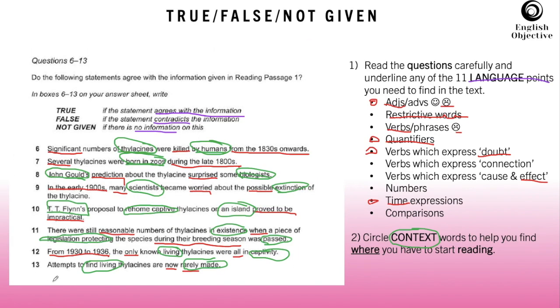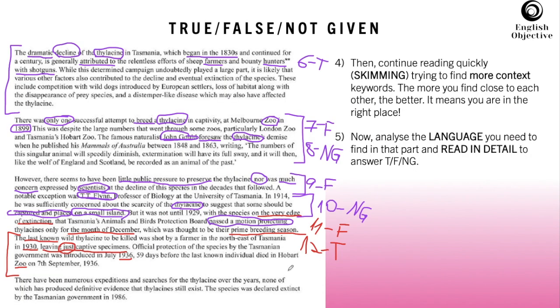Finally, we have question 13. So once again, find living thylacines and now rarely made. Okay, the attempts to find these animals are now rarely made. I need a time expression, more specifically about frequency. As we can see, this is the last paragraph of the text, and this is my last question. So I would assume that question 13 should be there.